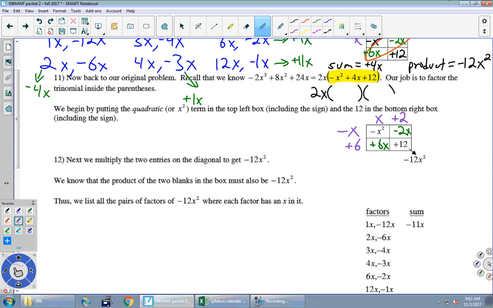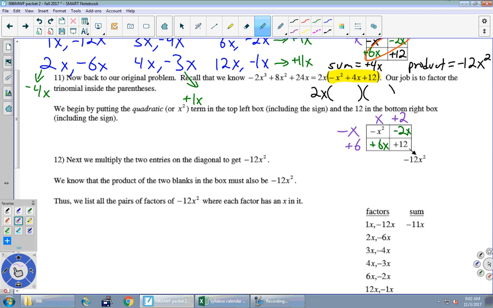Well, we better hope that it works, because we have no more freedom, no more choices to make on the outside. So does the 12 work? Well, the 12 is supposed to be the product of these two things, right? That width times that length. Does it work? It does. If we do everything right, it's going to work every time. If you make a mistake, this is a good opportunity to see, oh, I've made a mistake.